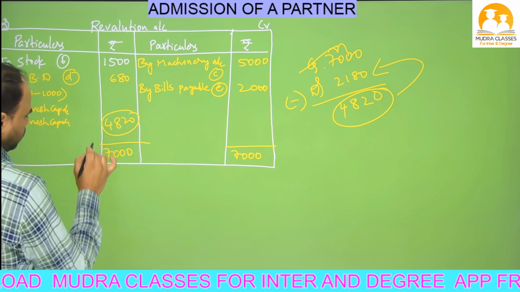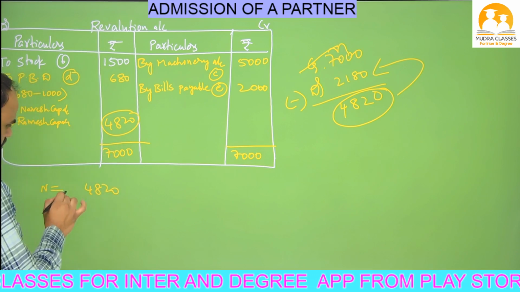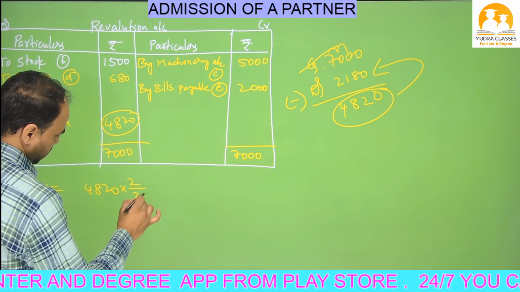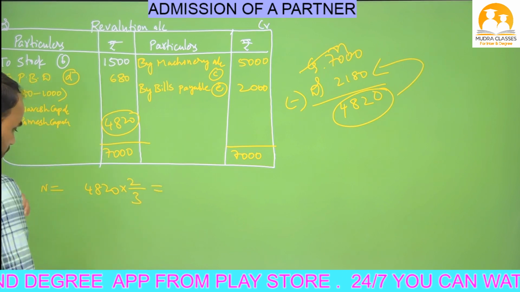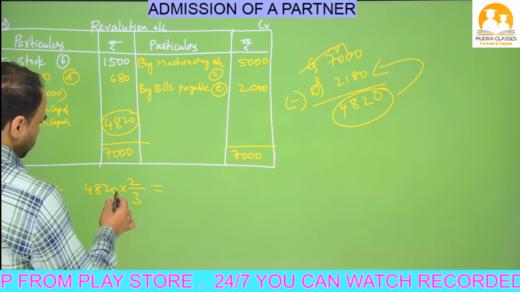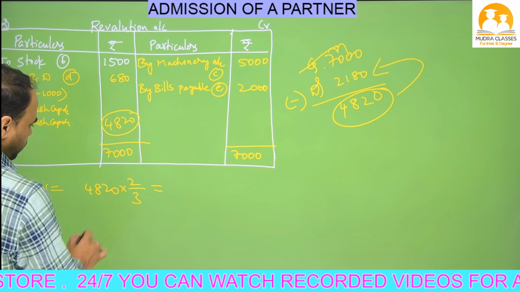Okay, these 4,820 we have to distribute to Naresh first. So what is the Naresh ratio? Into 2 divided by 3. Now first we will multiply, beta, afterwards we will divide. First I am doing multiply here, 4,820 into 2.